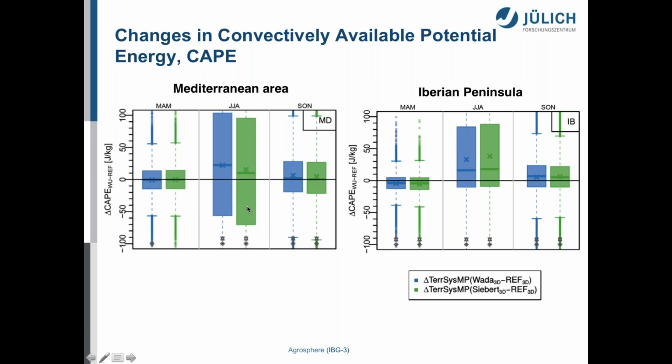And you see a much larger variability also to higher values, which suggests that the atmosphere actually becomes less stable, leading also to changes in precipitation patterns. I think this is also a nice way to demonstrate the feedback between human water use and atmospheric processes and atmospheric transport.